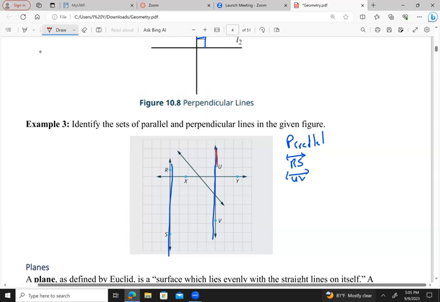We have UV and XY are perpendicular. And also these two, which is RS and XY again, which makes sense. Since RS and UV are perpendicular, if UV is perpendicular to XY, RS will be perpendicular as well.